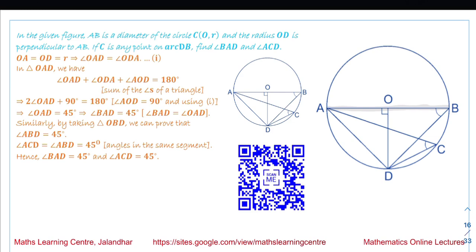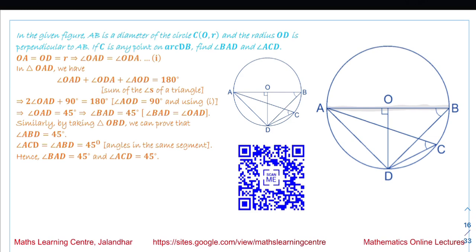If C is any point on the arc DB, this is the arc DB we are talking about, and C is any point on it, we have to find the angle BAD and angle ACD. These two angles we have to calculate.